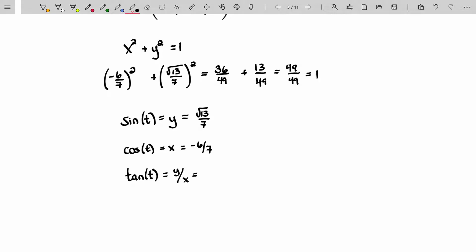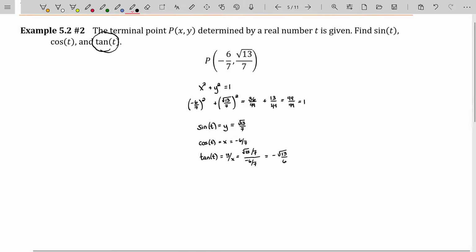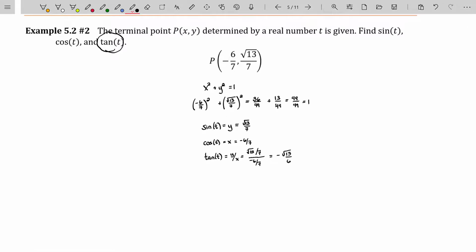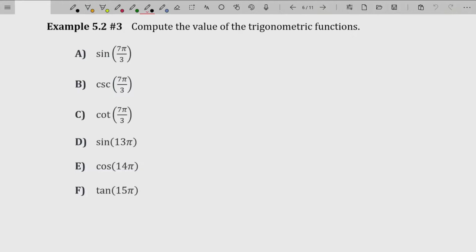The y value here being root 13 over 7, the x value being negative 6 over 7. Multiplying numerator and denominator by 7, you get negative root 13 over 6. We've been given a real number representing a terminal point on the unit circle, and we found the sine, the cosine, and the tangent for that number.